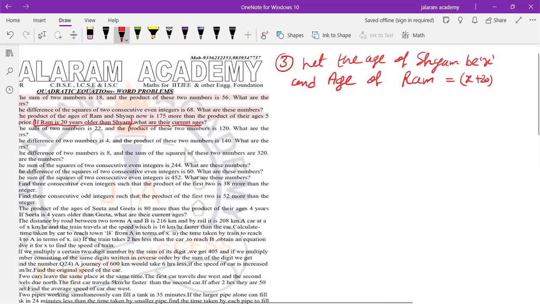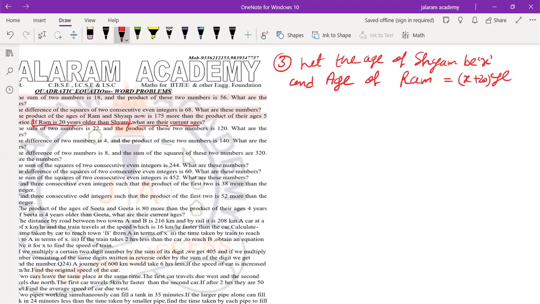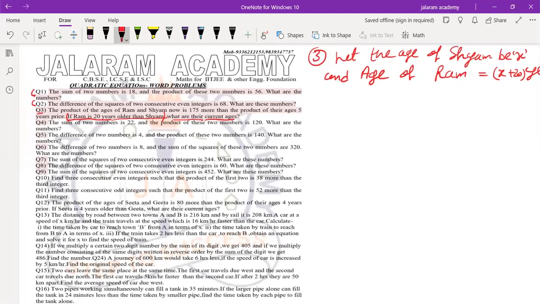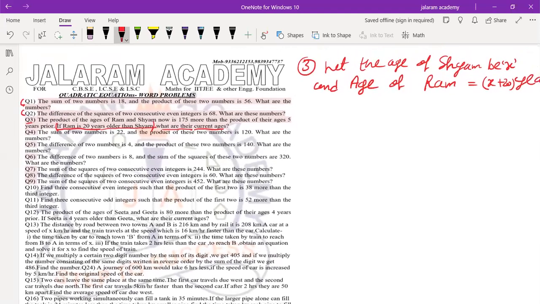Always write X first. Some students write 20 plus X. No, you have to always write X as the first term. X plus 20 years. Let the age of Syam be X years and the age of Ram, who is older than Syam, is X plus 20 years.